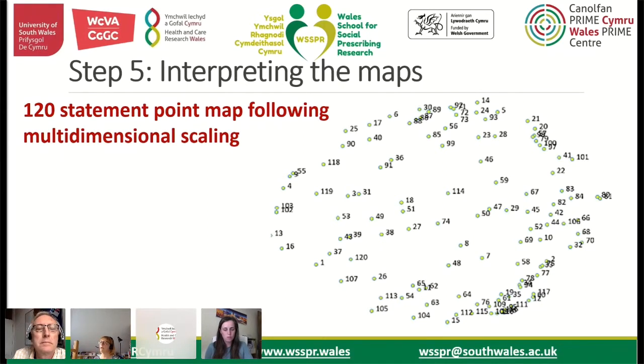Whereas 103 and 102 have been sorted regularly together and closely together. And you can see the patterns around the map, which show clusters of where those statements have been sorted together. For example, 21, 20, all around that area there is an example of where that's happened. Next slide, please.